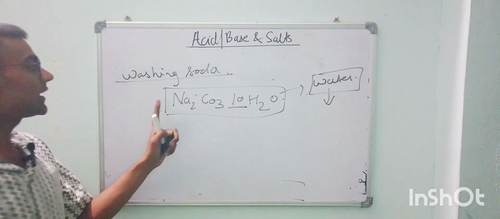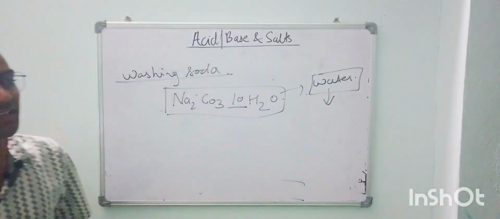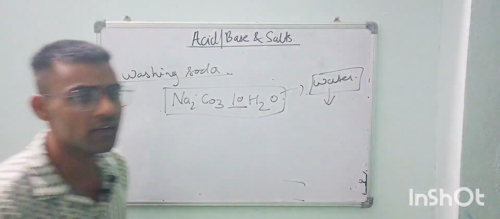So washing soda is Na2CO3 10H2O, and its use is for cleaning clothes.